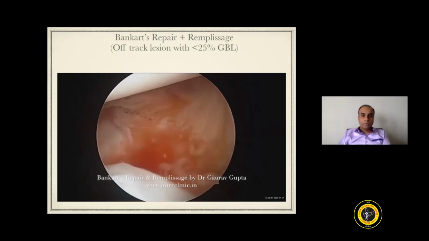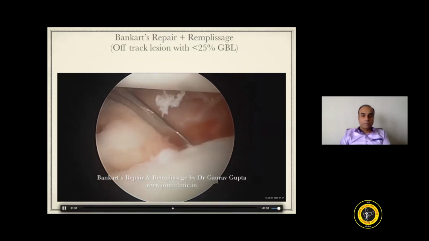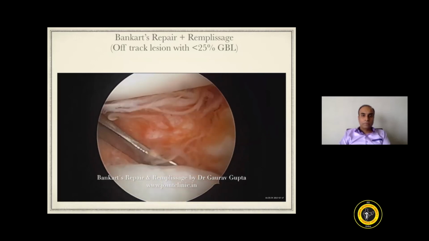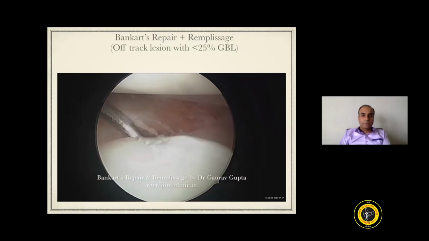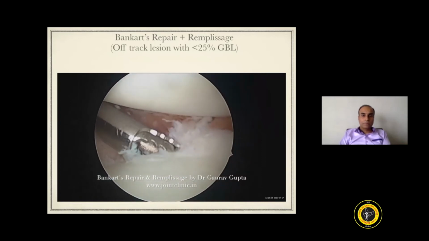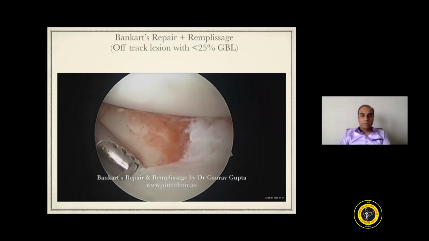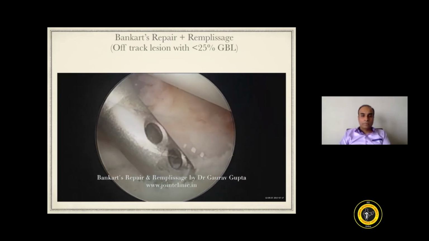Then we move on anteriorly with a liberator. We elevate the labrum. Bone bed is prepared with a shaver on the glenoid side, as well as a soft tissue debridement is done on the capsulolabral side.